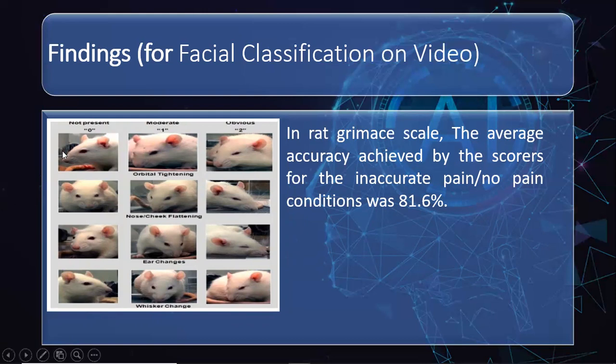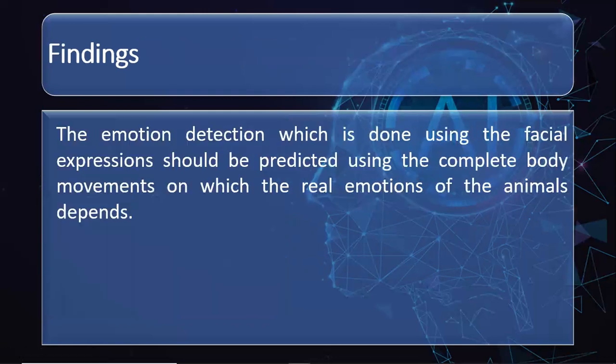The first one is orbital tightening. The second one is nose and cheek flattening, then the ear changes, and the whisker change. You can also see the level of pain: not present is equivalent to 0, then moderate is 1, then obvious pain is equivalent to 2.